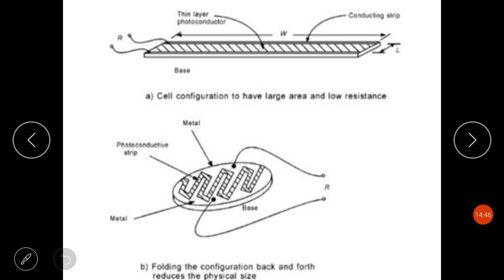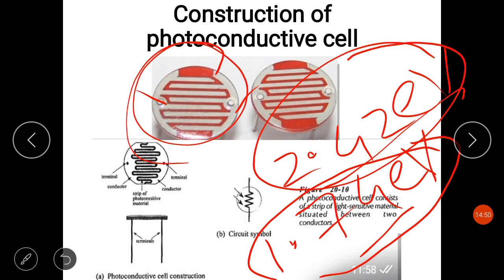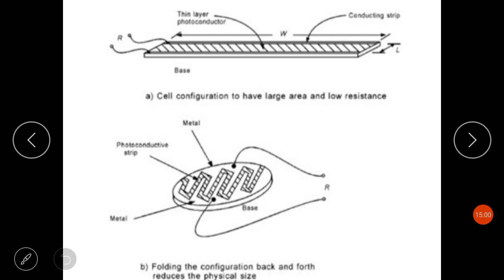To overcome this problem, this special zigzag pattern or structure is used, which will minimize the resistance geometrically and provide maximum surface area for the detector. How?